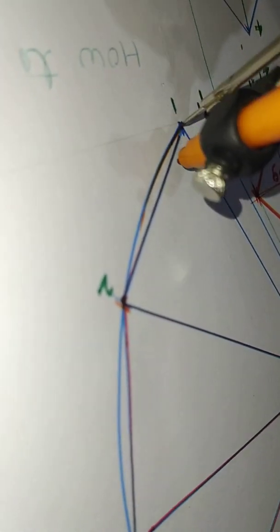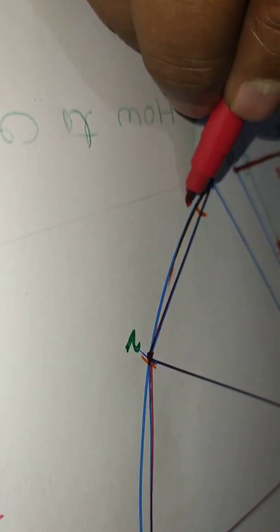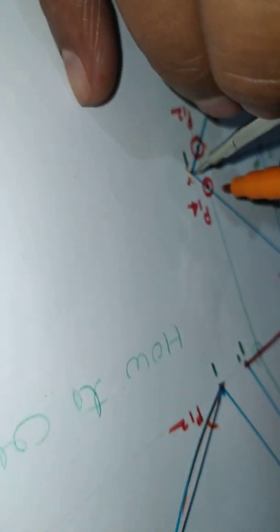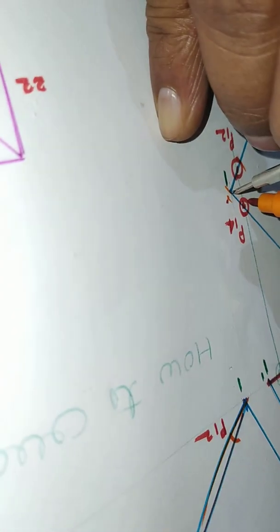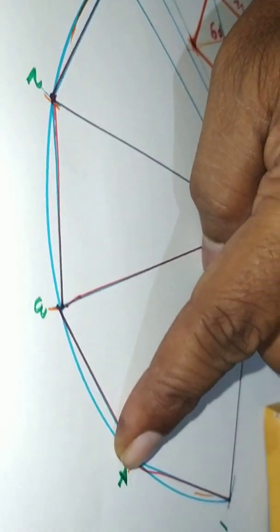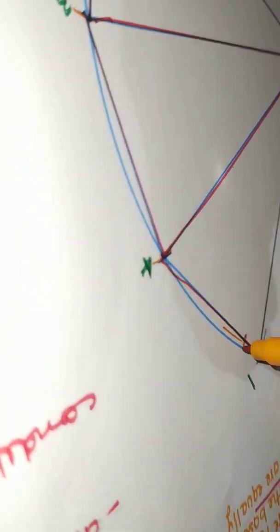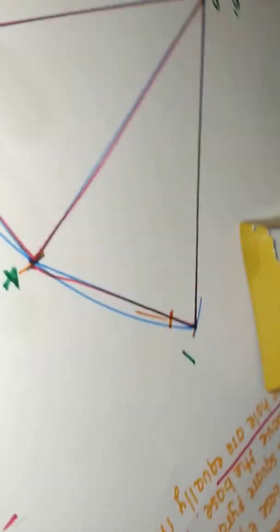This is 1-2. I have marked here and will name it P12. Now this distance P14, 1-4, compass metallic pointer on 1. Here is the point P14.